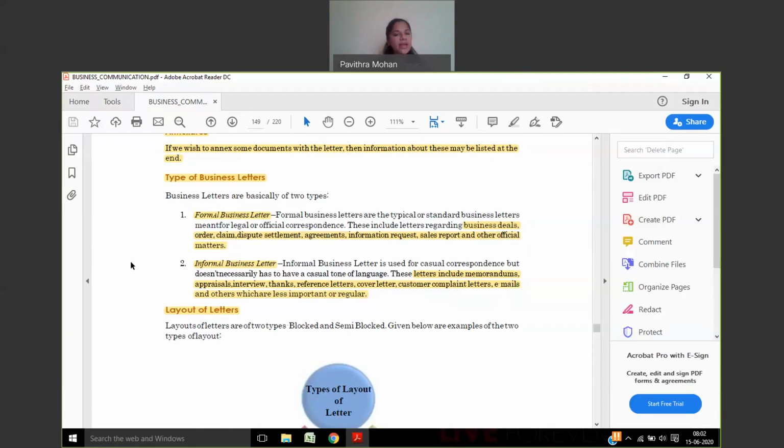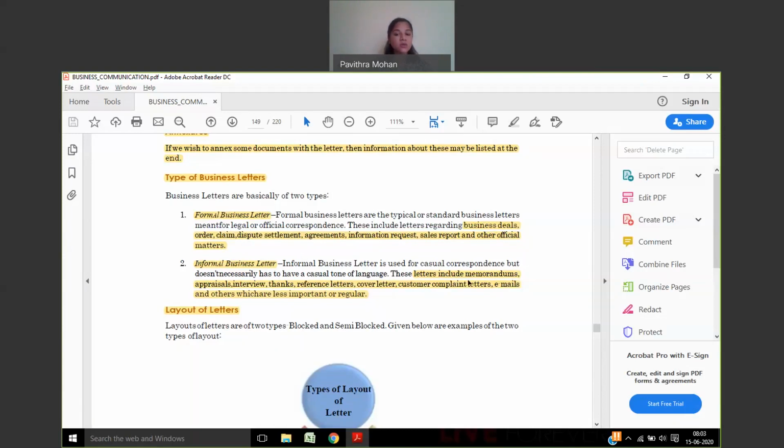What are the different types of formal business letters? Formal business letters will be regarding business deals happening in a company, orders which you have received, claims, dispute settlement, agreements, information requests, sales reports, and other official matters. These letters will be considered formal business letters. So what are informal business letters?